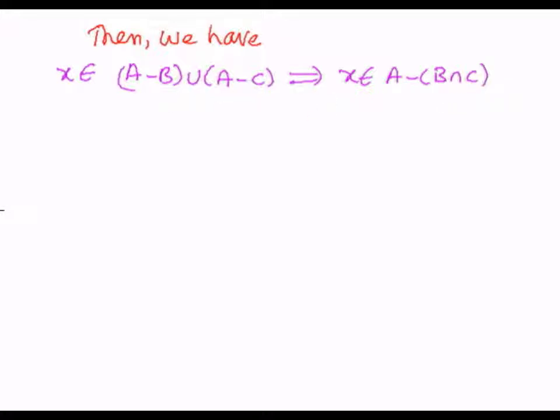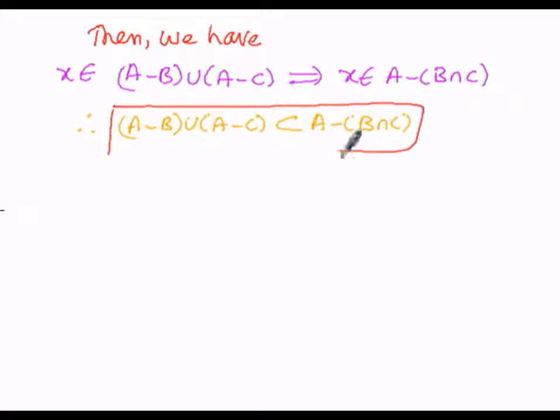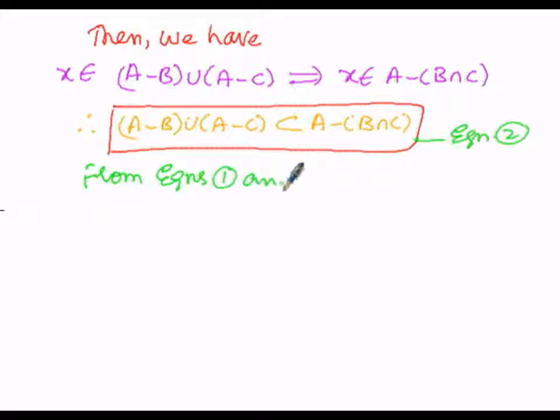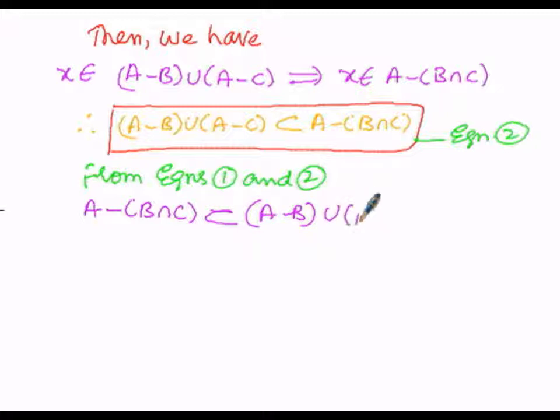From this it is clear that we can write A minus B union A minus C will be the subset of the RHS, that is A minus of B intersection C. So in this manner we have proved the second condition also. Let us suppose this as equation number 2 or condition number 2. Now from the two equations, 1 and 2: the first is A minus B intersection C is a subset of A minus B union A minus C, this is our equation number 1 or condition number 1.